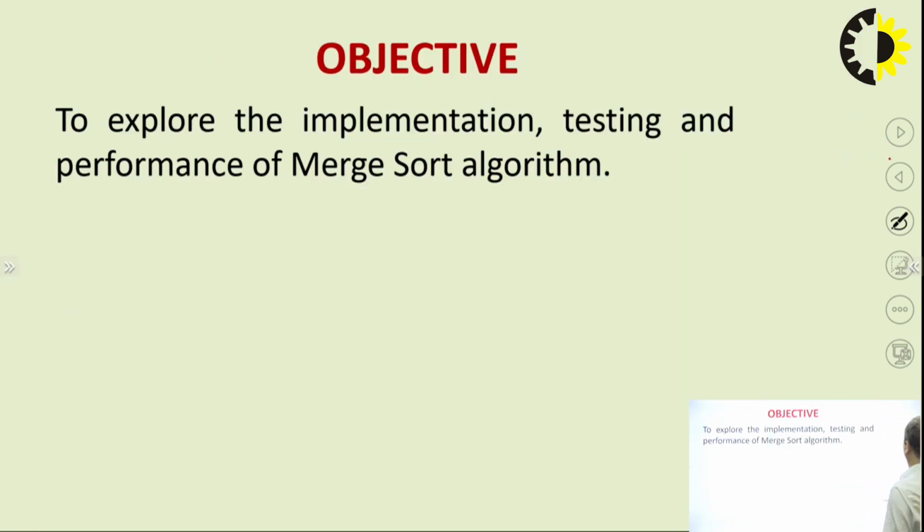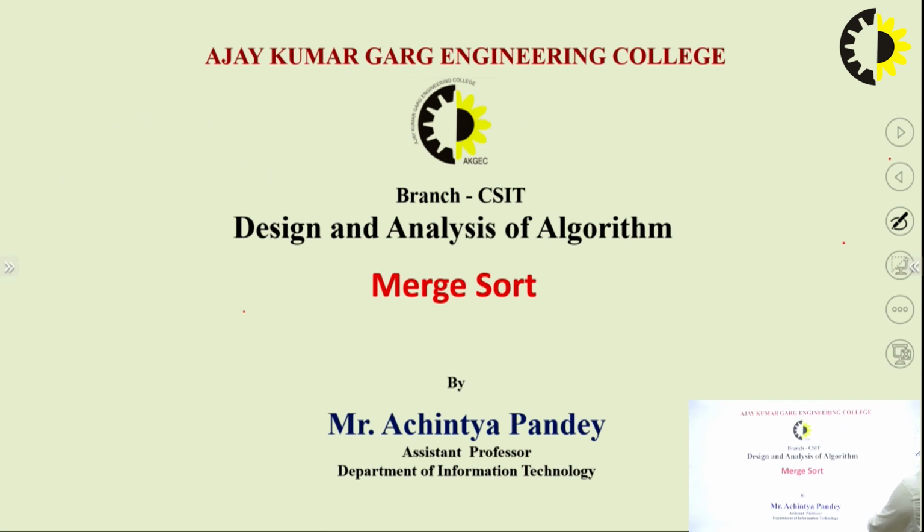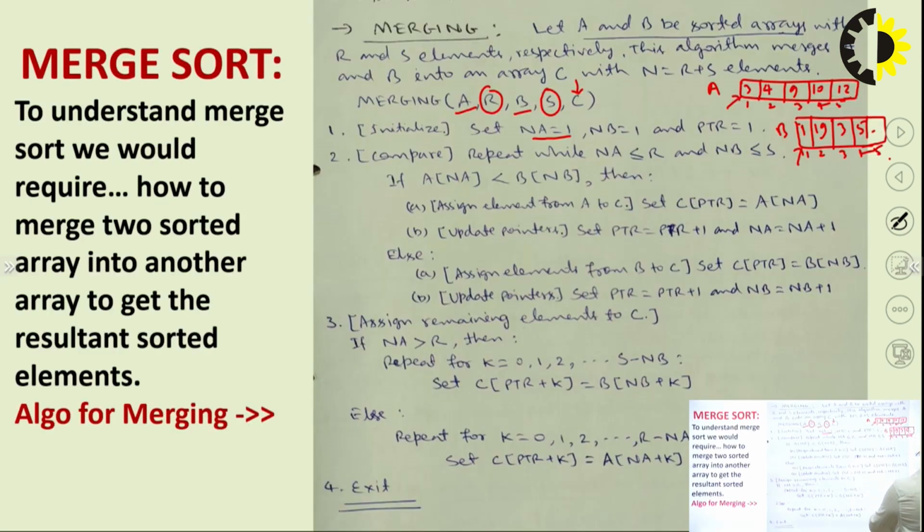So the algorithm says: first we initialize NA equal to 1, and NB becomes 1. There will be another, resultant array which we want to hold the sorted elements of both, like 1, 3, 4 and so on.